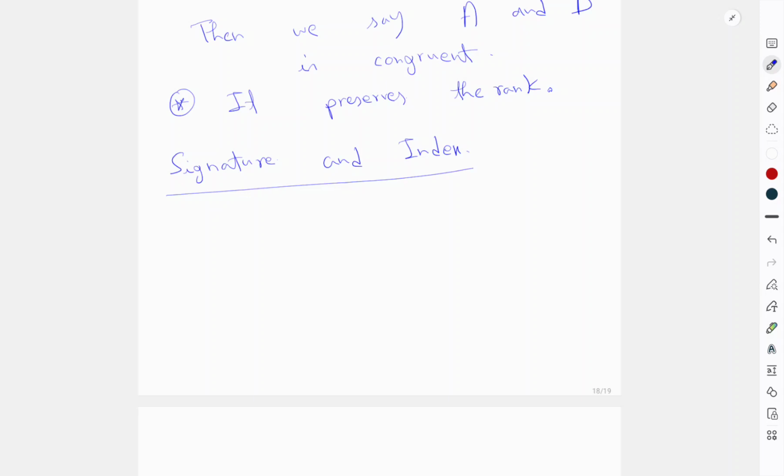So I am writing the theorem that is called the law of inertia. Definitely this is not for all matrices: every real symmetric matrix A, you know what we mean by symmetric, that A transpose equals A, and real means each element is real.